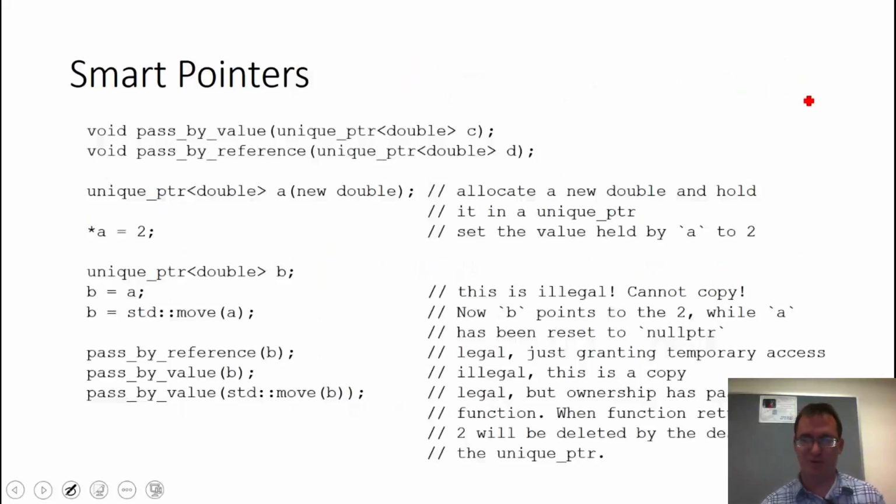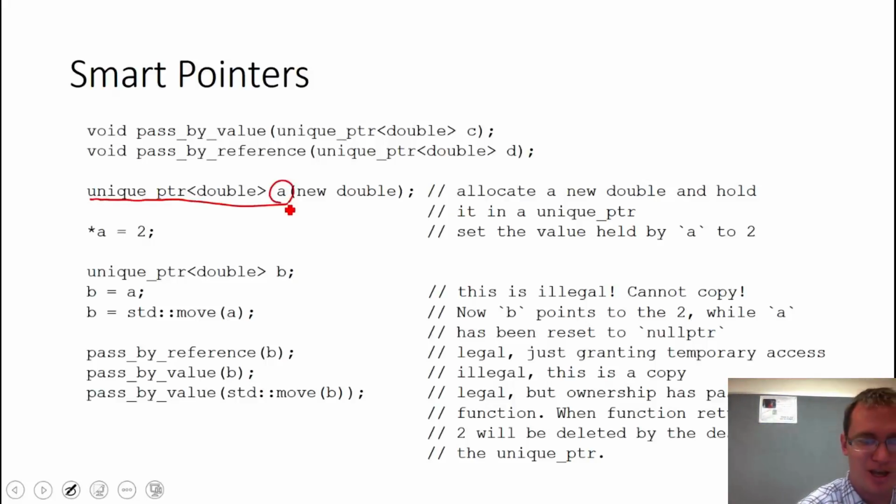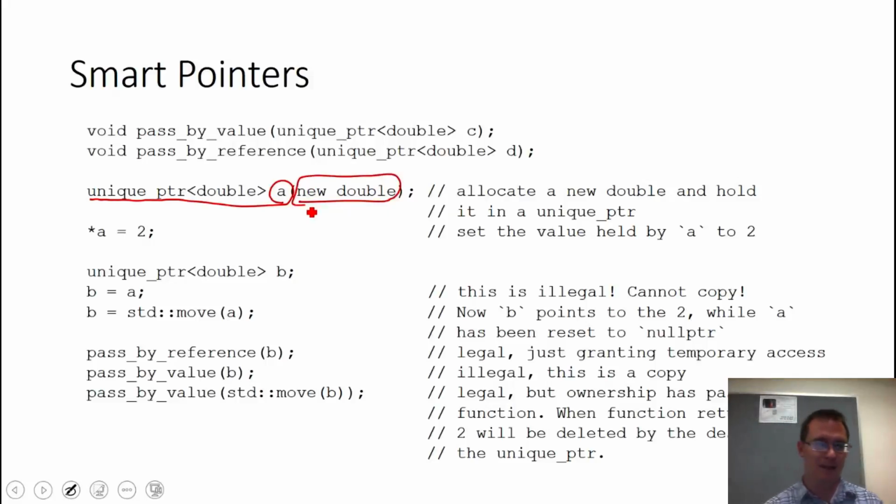So I have some example code here. Here we have a unique pointer. I'm going to call it A, and we're going to make it point to a new double. Here we can dereference A and set that value equal to 2. All right? So here we now have a new unique pointer.